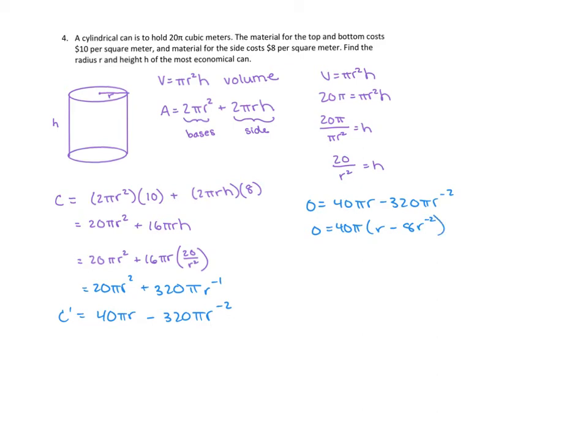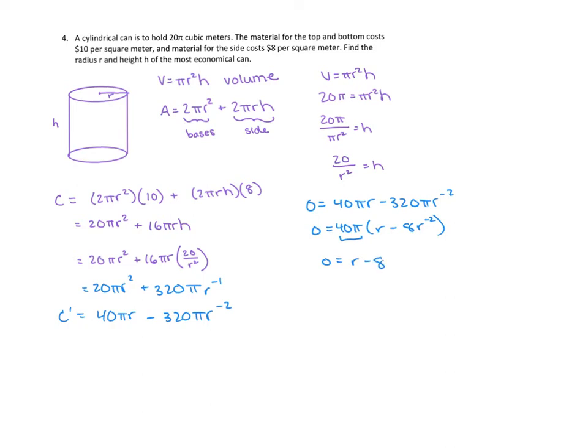We have now seen a few problems where the constant on the outside, so even though 40 pi is not obviously a constant, you have to remember that pi is a number, so 40 pi is not going to influence our zeros. So I'm really just focusing on this equation here.